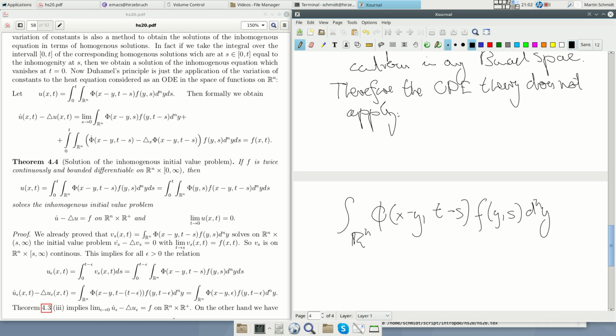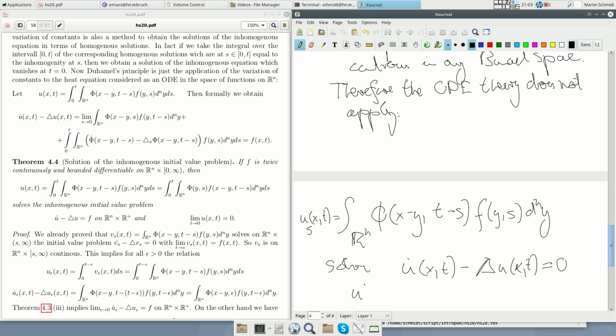This function here solves, of course, u dot of x, t minus Laplacian u of x, t is 0, since this is the solution of the initial value problem. But what is the initial value?